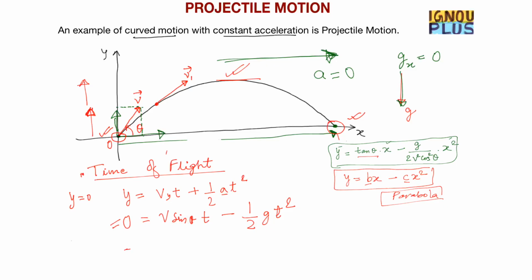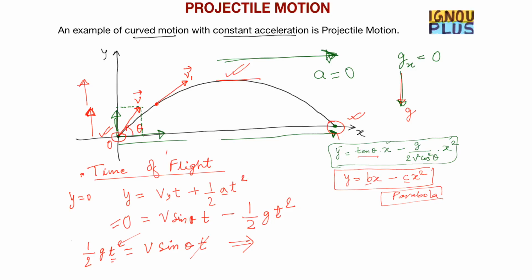What we need to do is simply take one of the quantities to one side. So minus half g t square can be taken to the left side, which will make it plus half g t square, and this side we have v sin theta t. We can cancel this t and remove the square, so we have only one t in the left hand side.